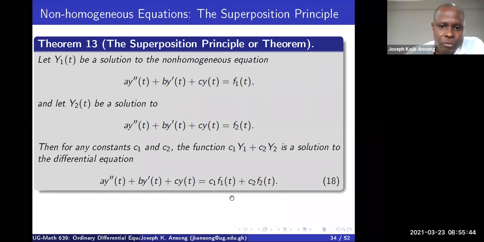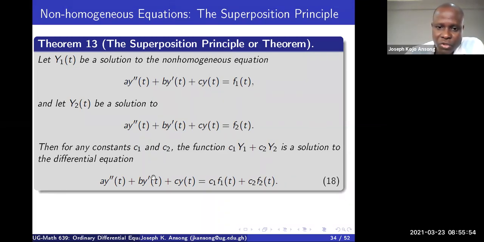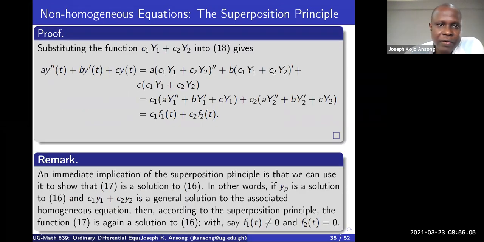So, to prove it, we just need to show that if y1 and y2 are actually the solutions to this equation and that equation, respectively, then this function here satisfies equation 18. So all we do is substitute this into here and show that we get the right-hand side. That's all the proof there is.